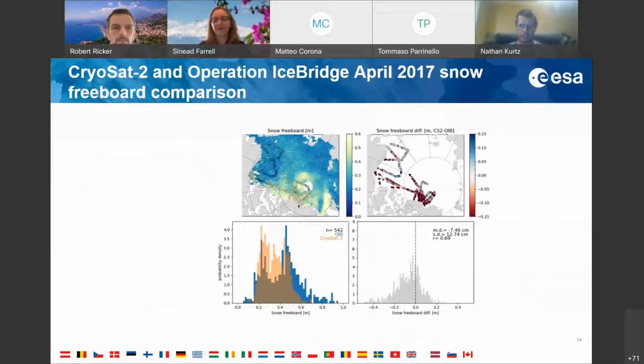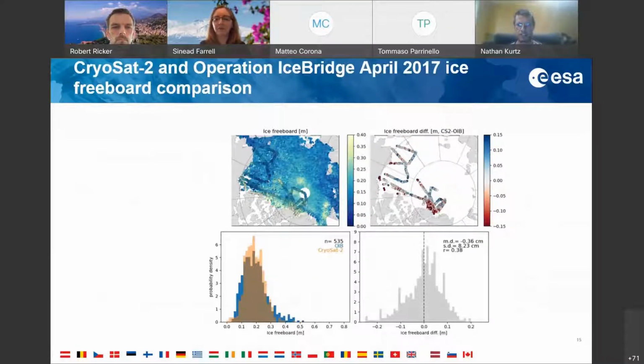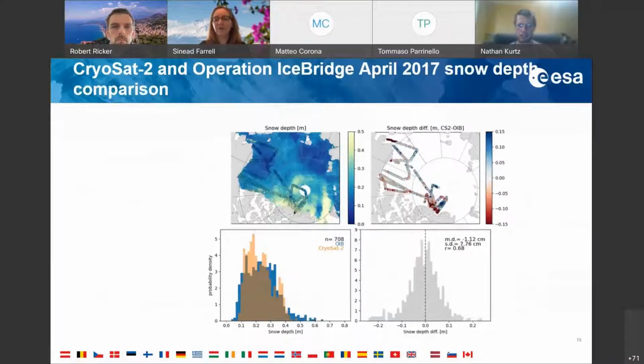We have broken this down into comparing the snow freeboard with, say, IceBridge from a time period. I'll skip over this, as well as the ice freeboard snow depth. And so again, what we found in comparison with the IceBridge data is that we are able to retrieve snow depth, ice freeboard, and snow freeboard pretty favorably.